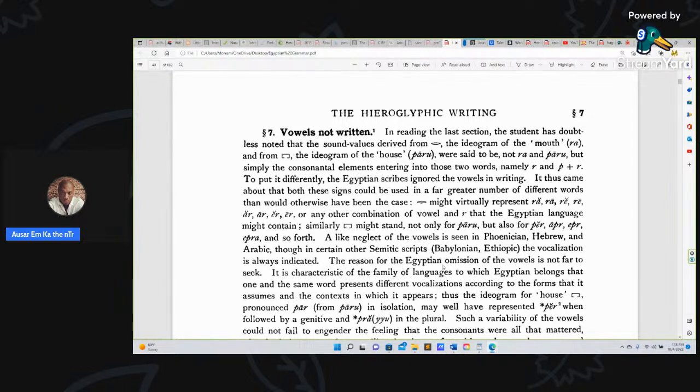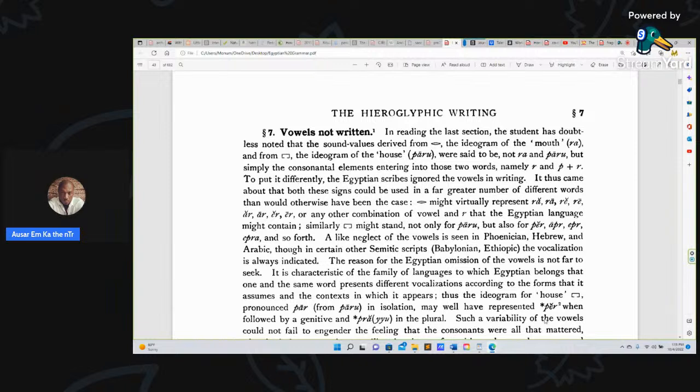The reason for the Egyptian omission of the vowels is not far to seek. It is characteristic of the family of languages to which Egyptian belongs that one and the same word presents different vocalizations according to the forms that it assumes and the context in which it appears. Thus, the ideogram for house, pronounced par from paru, in isolation may well have represented per when followed by a genitive and triu in the plural.